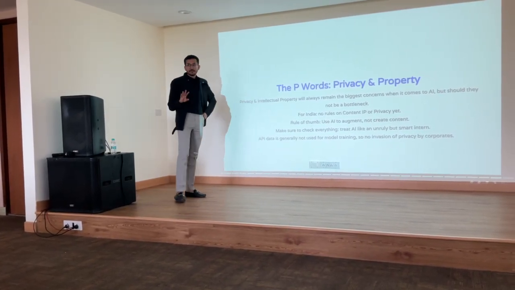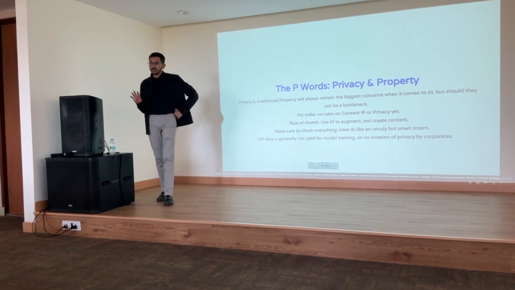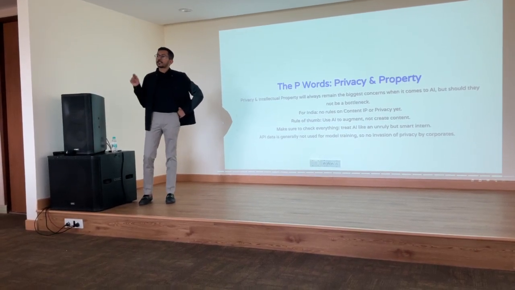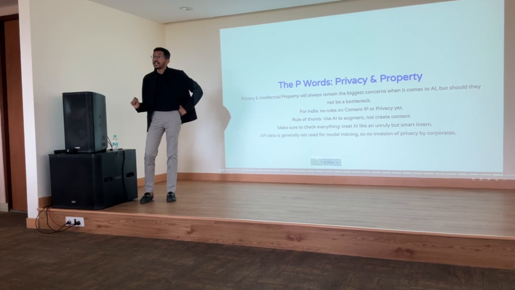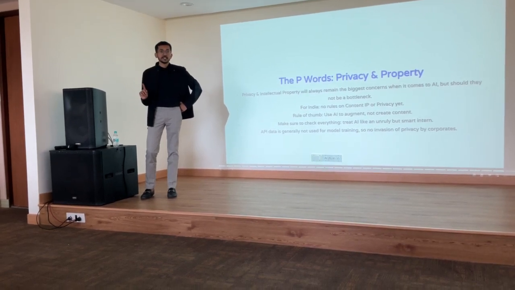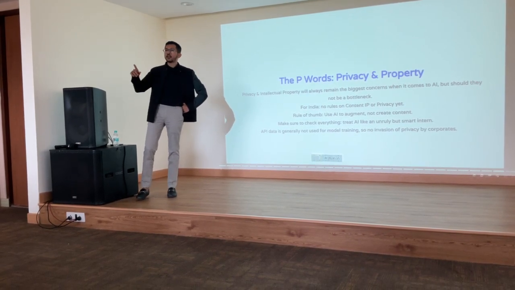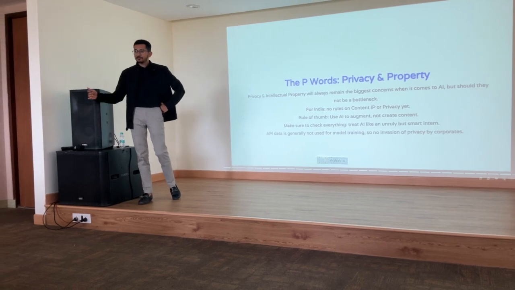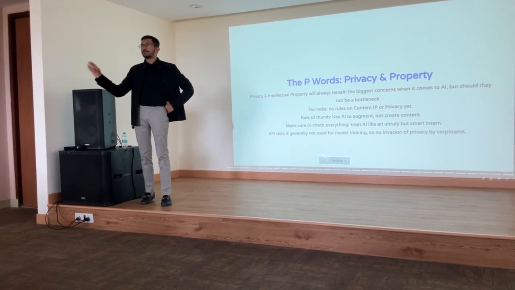So with that in mind, with no clear-cut laws, the rule of thumb for us should be use AI for augmentation and not creation. Okay? If you are asking AI to write your script entirely, that is content, that is IP infringement.